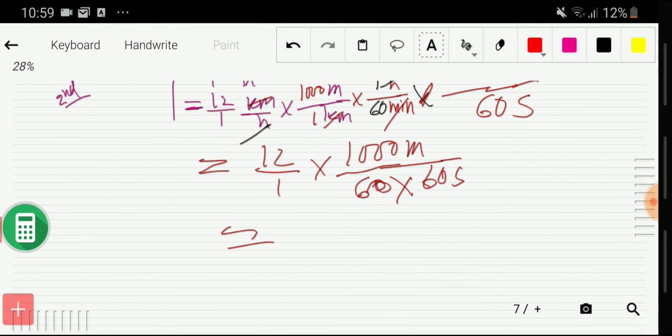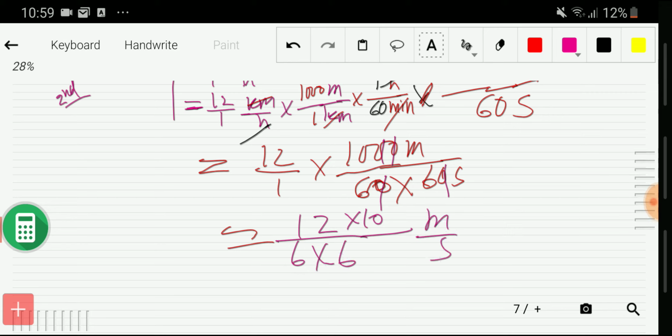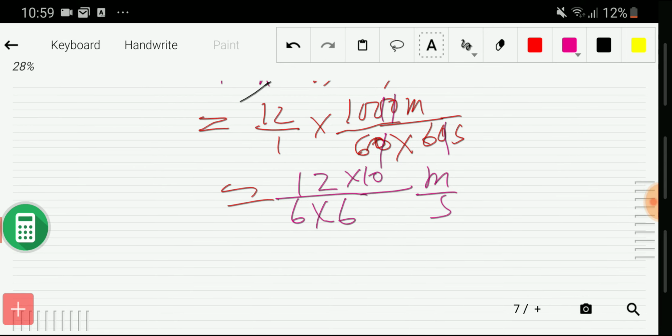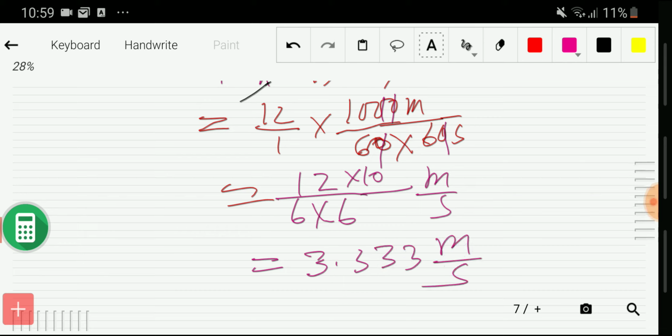Now this 0 with this 0 with this 0 will cancel each other, and we are getting 12 times 10 divided by 6 times 6 meter per second, right? Meter per second. And if you use your calculator, then you will get 3.333 meter per second. This is the result.